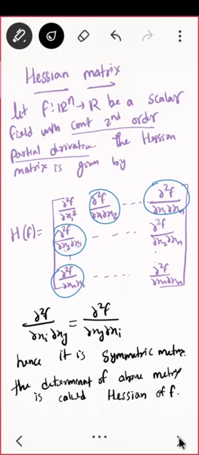Let us see one example then. Suppose you are given a function, say f from R3 to R, and it is given by f of x y z equal to x cube plus 2xyz plus y square z, and at 1 1 1. At this point you would like to find the Hessian matrix.